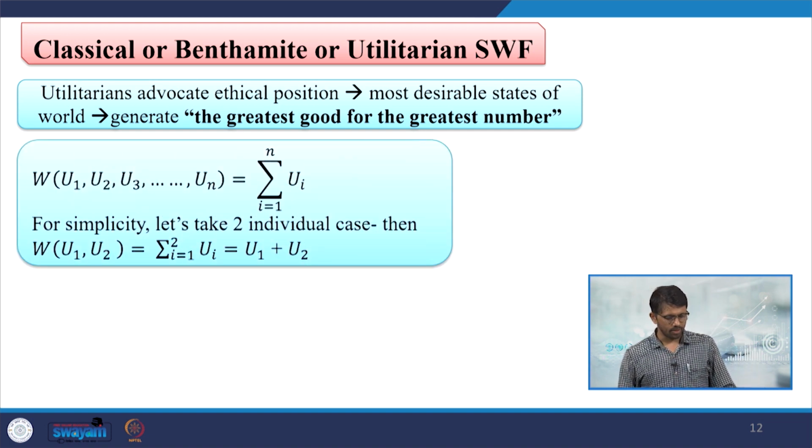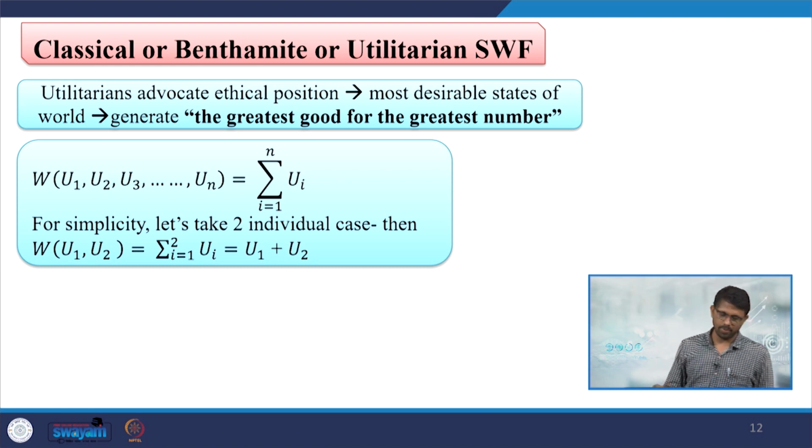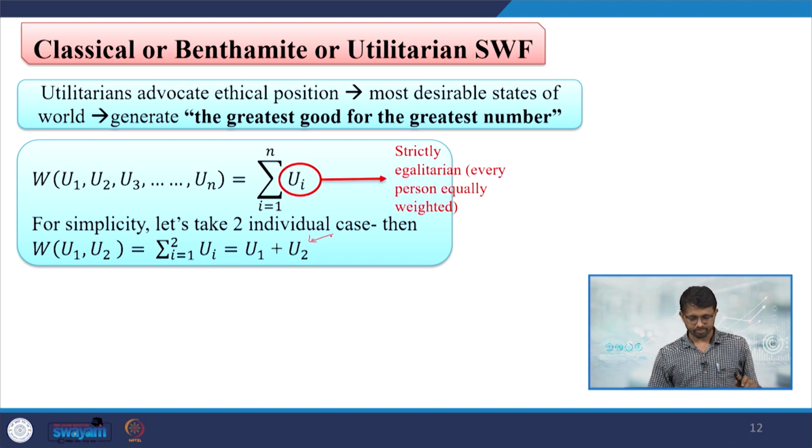Here we make the summation of the individual utilities without respective weights, and weights are considered to be similar across all the individual utilities. Hence, the equation is simplified as the summation, and in the two individual case we can write U1 plus U2, thus the W. It is strictly egalitarian because every person is equally weighted.